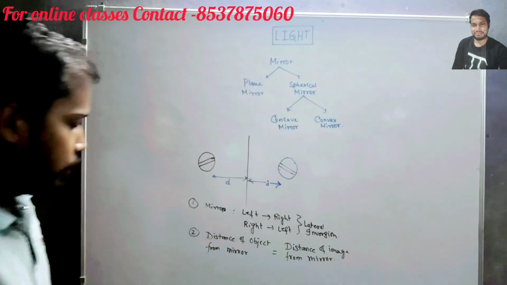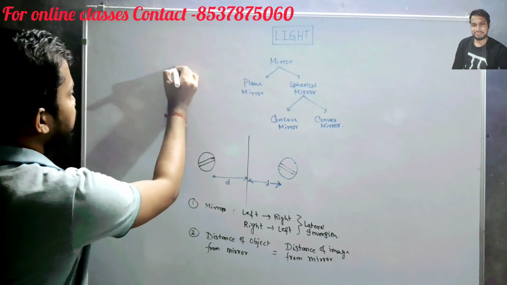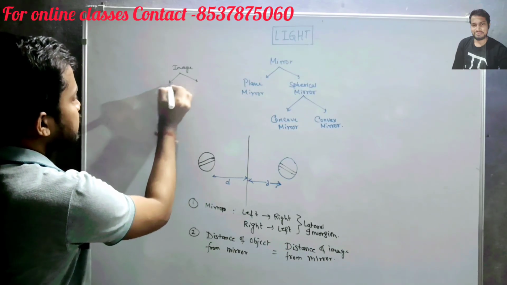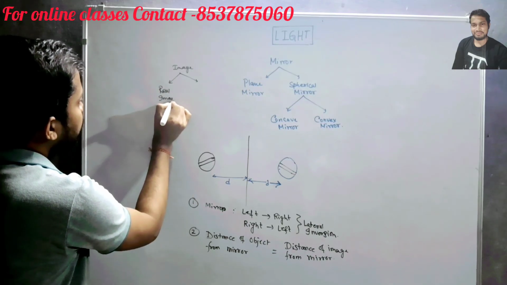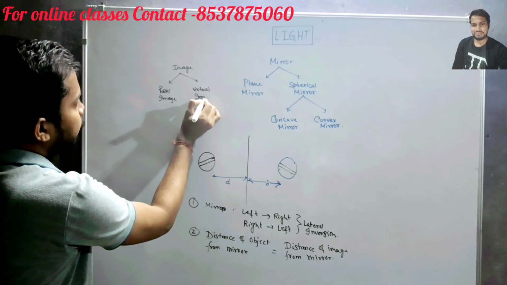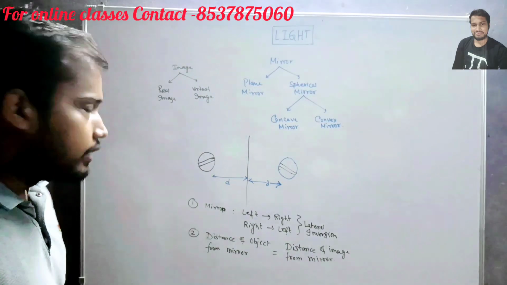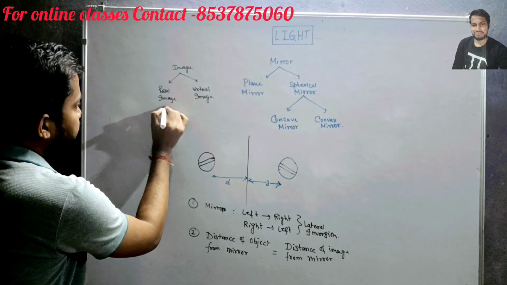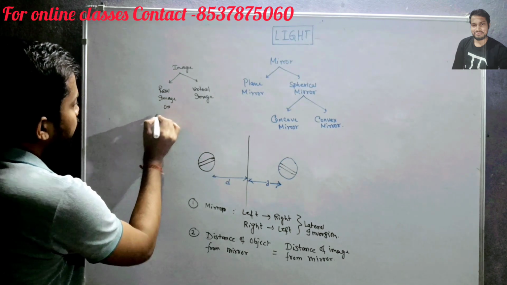Now we'll move on to the next question. When an image forms, image has two types: real image and virtual image. For a real image, we will get an inverted image.